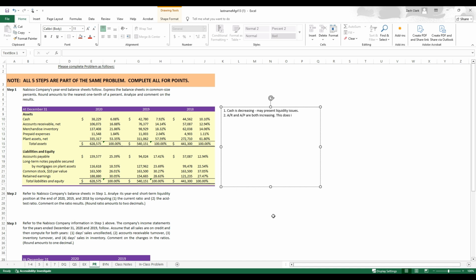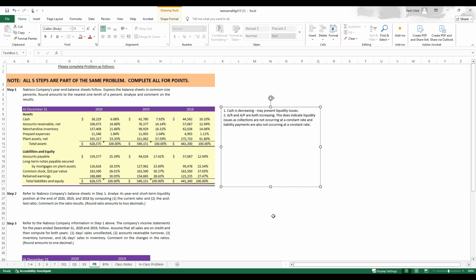This does indicate liquidity issues, as collections are not occurring at a constant rate, and liability payments are also not occurring at a constant rate.